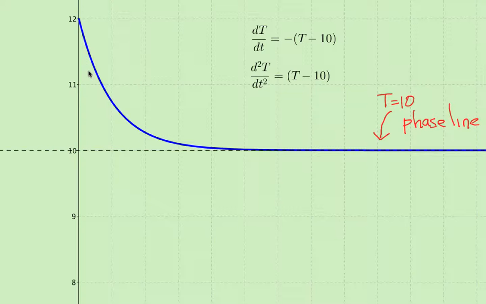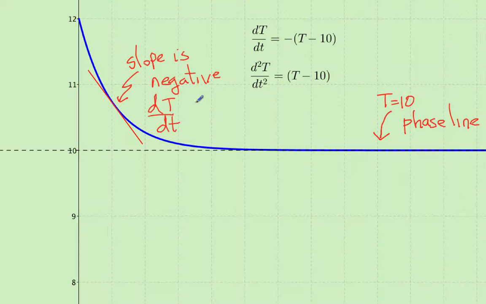Now notice that everywhere the slope is negative. So let's say this point over here. The slope here is negative. And in other words, what we have is dT/dt is less than 0.